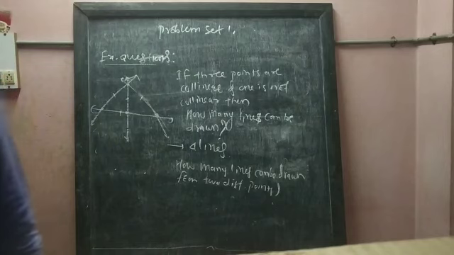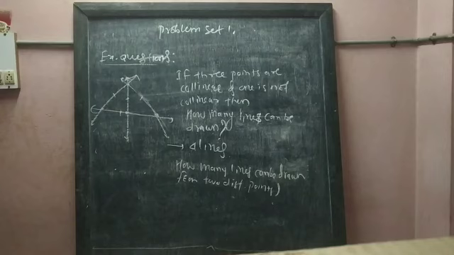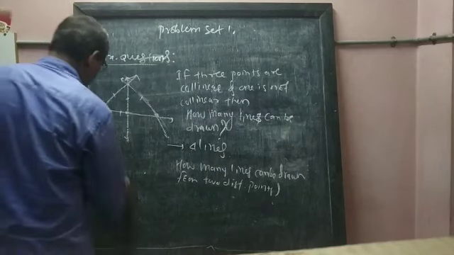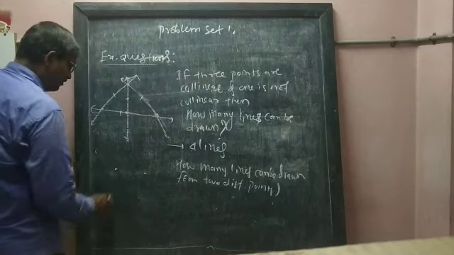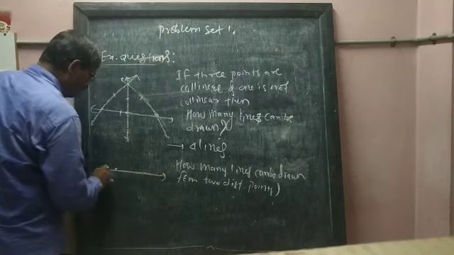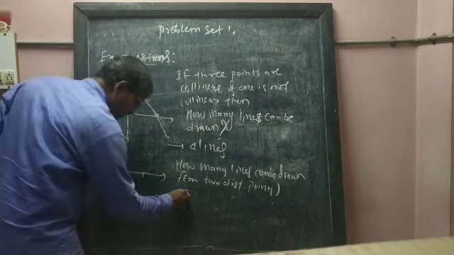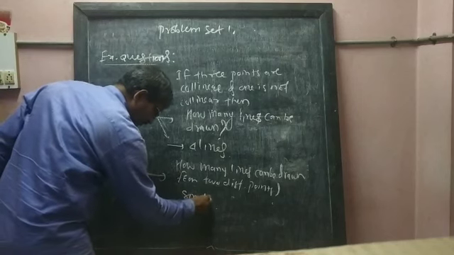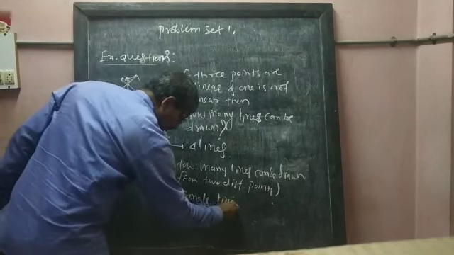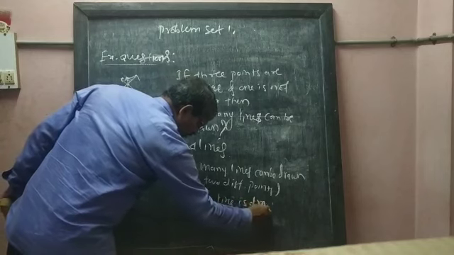Yes, check please. How many points are there? Here there are 2 points. Then how many lines can be drawn? Only one line. A single line is drawn.